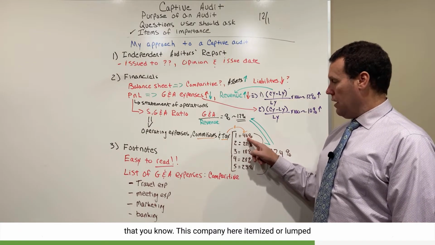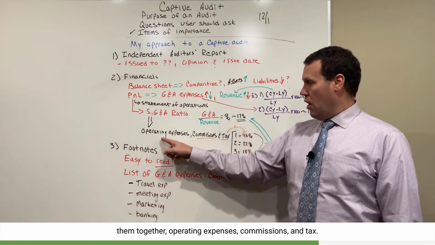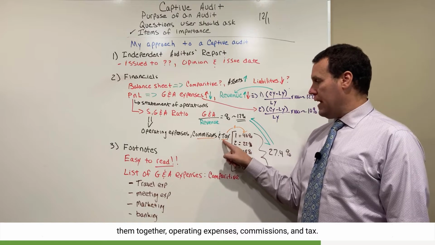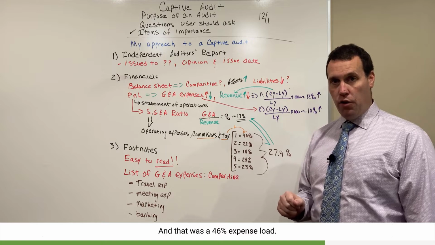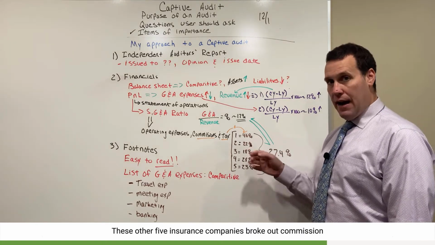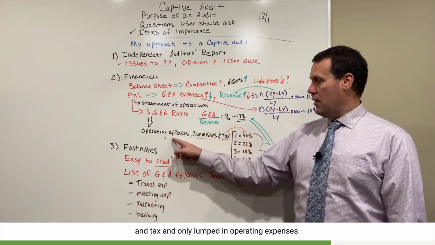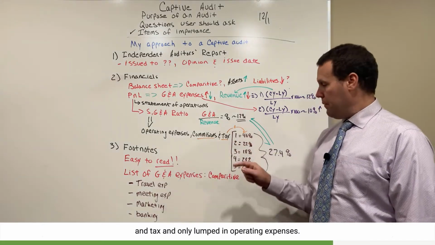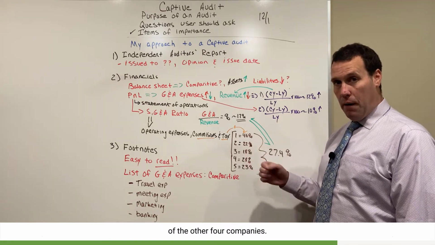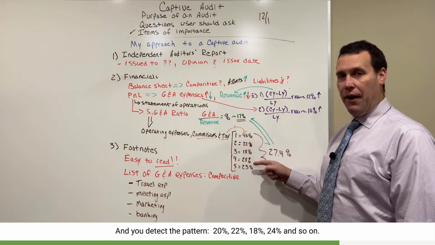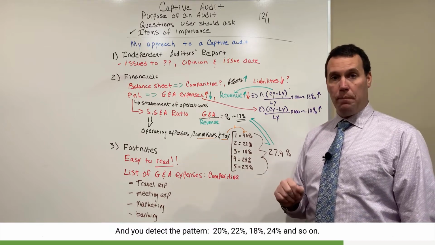This company here lumped together operating expenses, commissions, and tax, and that was a 46% expense load. These other companies broke out commission and tax and only lumped in operating expenses. So these are the expense loads of the other 4 companies, and you detect the pattern: 20, 22, 18, 24%, and so on.